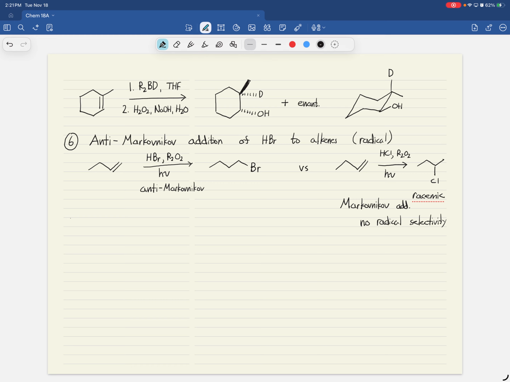Okay, so let's talk about this peroxide. Here's the mechanism. How does this work in a radical type mechanism? The ROOR molecules are usually two species: di-tert-butyl peroxide or benzoyl peroxide. Has anyone heard of benzoyl peroxide?